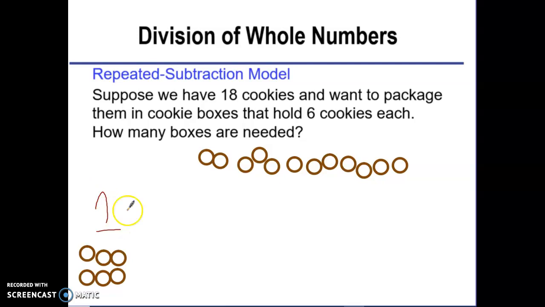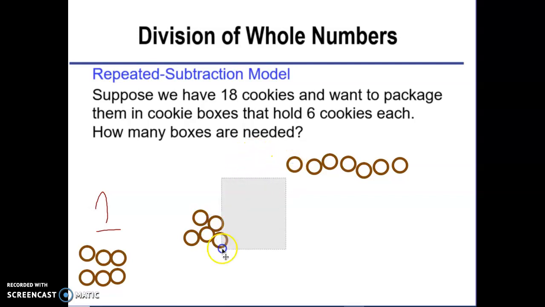That is a box. All right, this is repeated subtraction because 18 minus 6 is 12. I took away 6, I subtracted 6, I have 12 left, and now I'm going to take away 6 more, or I'm going to subtract 6 again. So I'll group up 6 more cookies. These are going to go in my next box.